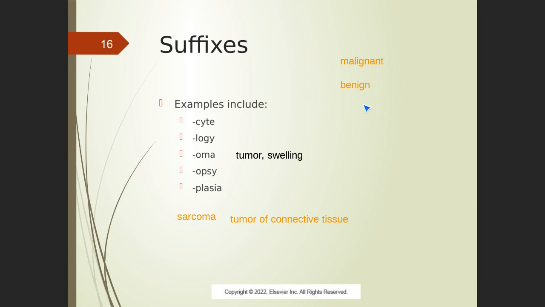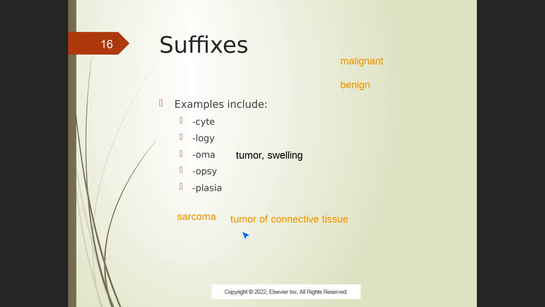Benign means it's okay, it's non-repetitive, it's not going to come back, it's not going to hurt you. Do you need to remove it? It's up to you. It might be a nuisance, depending on what the oncologist says. Those are terms you're going to see constantly when we're talking about cancer.